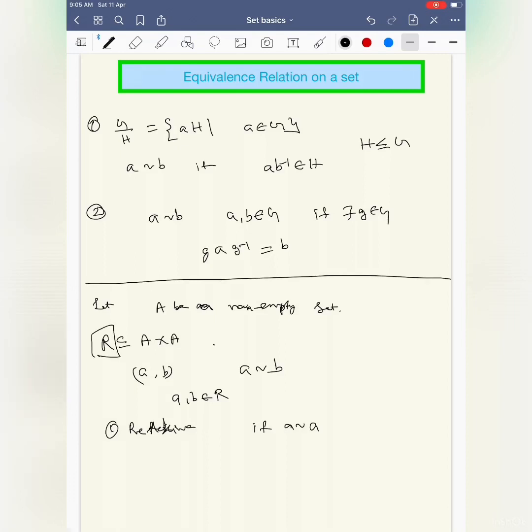I mean, a relation means it's a subset of A cross A. I will give you an example and you will understand. a related to a for all a belonging to A, it's reflexive. That means the set R contains (a, a) for every a. This is the idea.